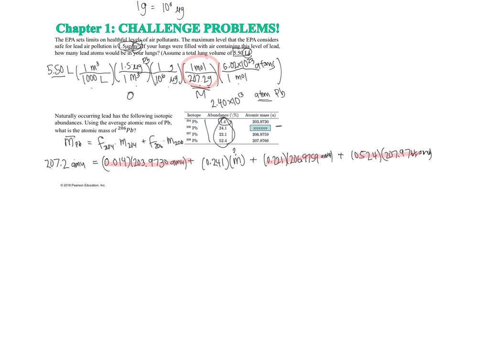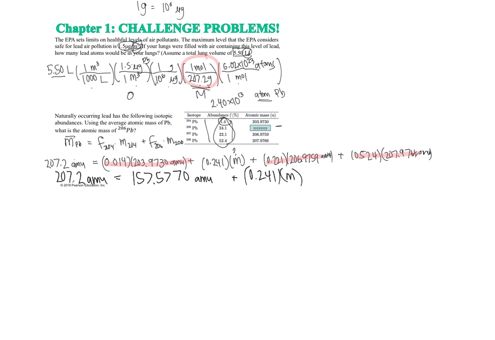So what you get for those values, overall here we have 207.2 AMUs equals 157.5770 AMUs plus 0.241 times our mass of our unknown.